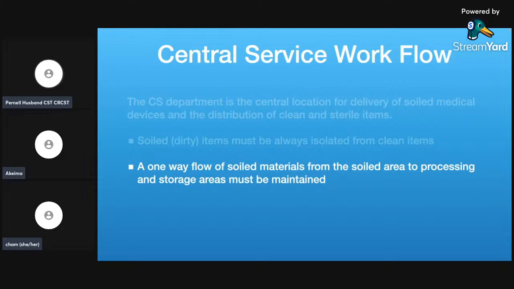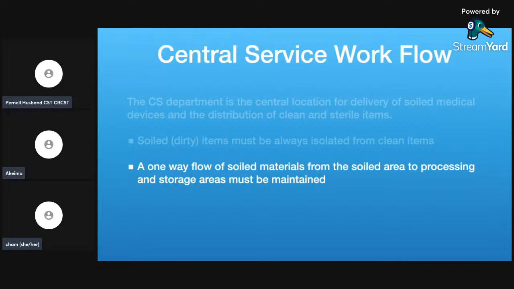And those are all three different things, and they never should intermingle. That's called, or there could be cross-contamination. And again, we'll talk about that more as we go through this course. So soiled or dirty items must always be isolated from clean items.